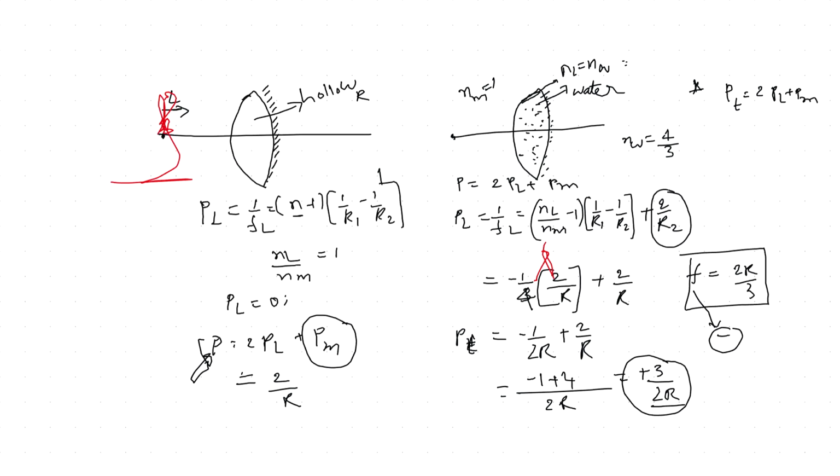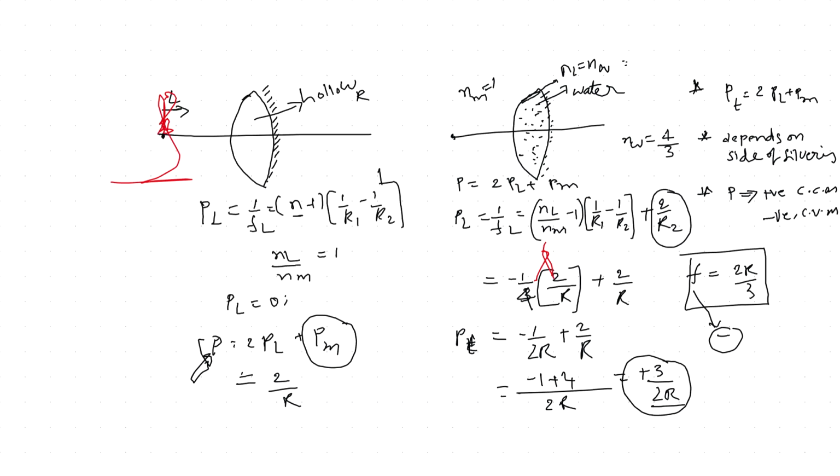And the silvered lens behaves like a mirror depending on the side which is silvered. So if you take examples or applications in this case, you will find out P. If the P value is positive, it is a concave mirror. If the final P value is negative, it is a convex mirror.